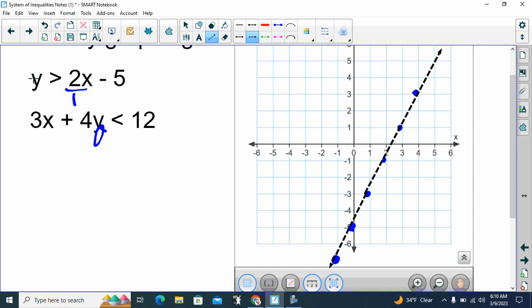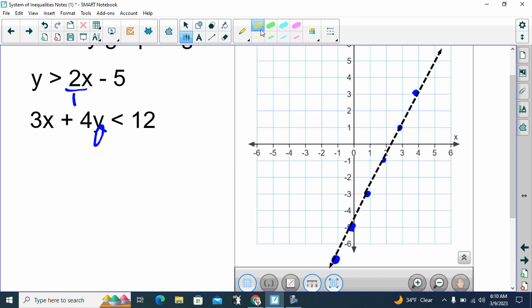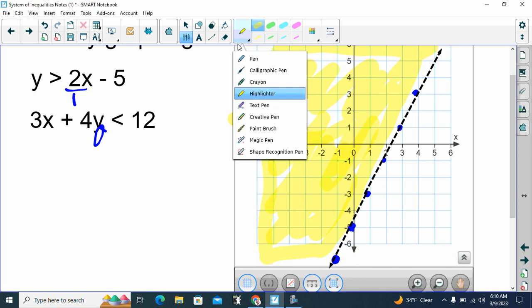And then we have y is greater than the line. So y is greater than the line tells me the shading needs to be the y values above the line. So we're going to shade in all the y values above the line, which is all these up here. Remember, we're looking for where the two shadings overlap with one another, so that is not my final answer. That's my first inequality. Now we do the second one.